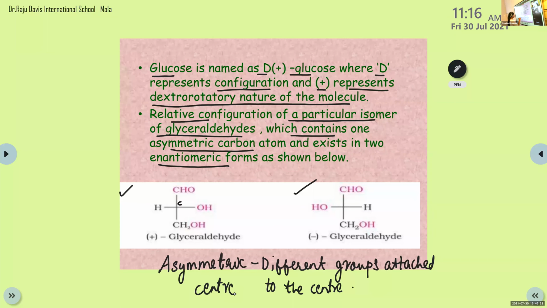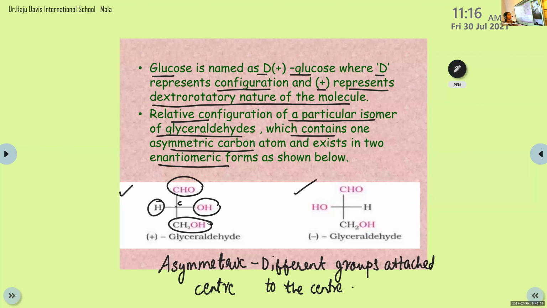When you look at the carbon atom in the center, there are different groups attached, right? CHO, that is the aldehyde group, then OH, the alcoholic group, H, hydrogen, then CH2OH, the alcohol group. So there are different types of groups attached to the same carbon atom. Such a carbon atom is known as an asymmetric carbon atom.